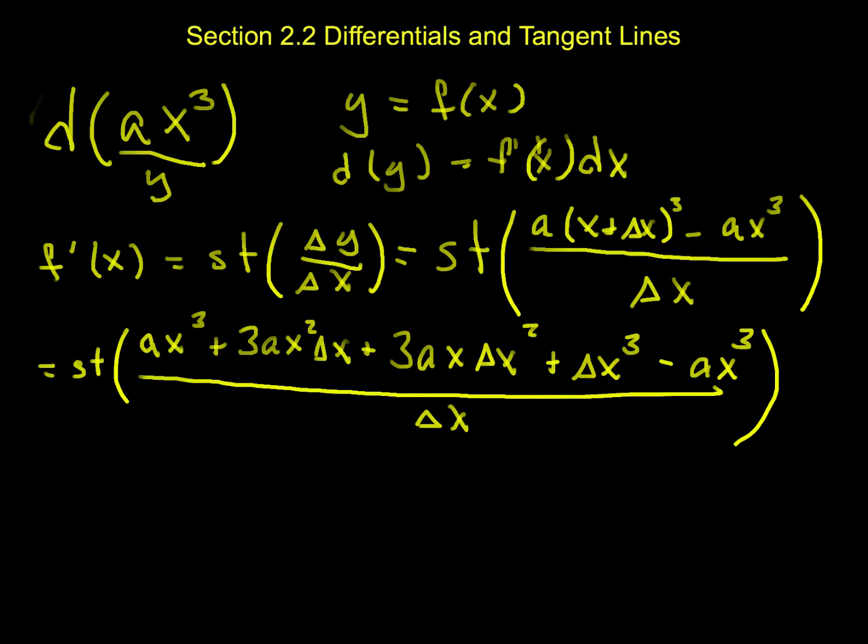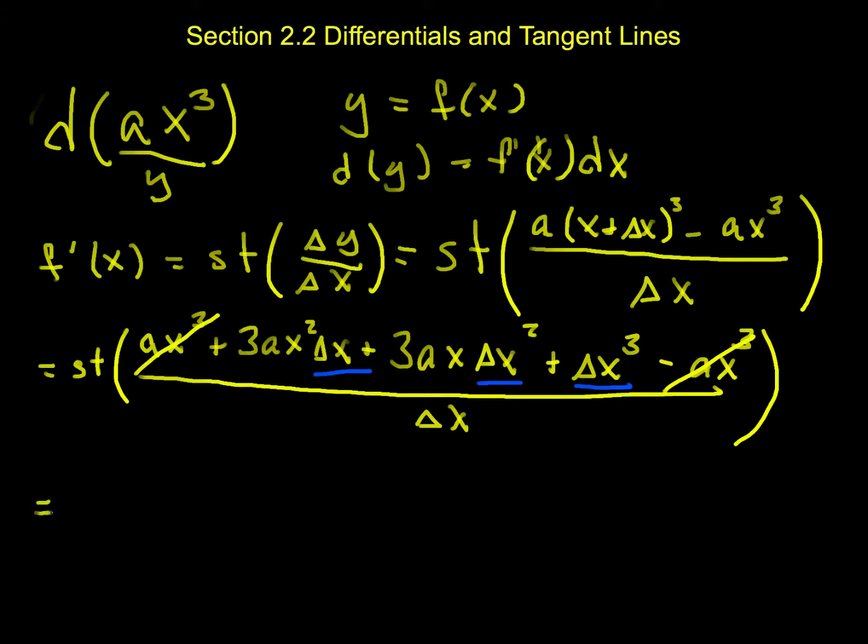Now the only thing that we have canceling on the top will be this ax cubed and ax cubed there. And then what's left behind, once those are canceled out, so I'm going to do kind of a few steps at once. Notice I've got a delta x cubed here, a delta x squared there, and a delta x there. So I've got a common factor of delta x in the numerator, and I've got a delta x in the denominator, so it will cancel out, which is exactly what we were hoping for.